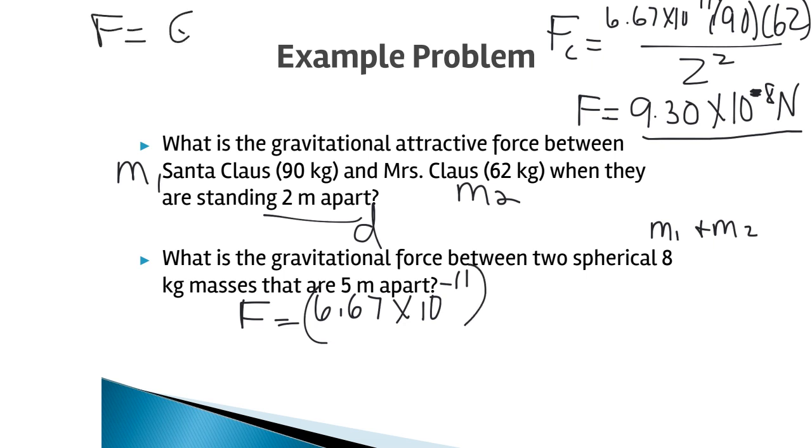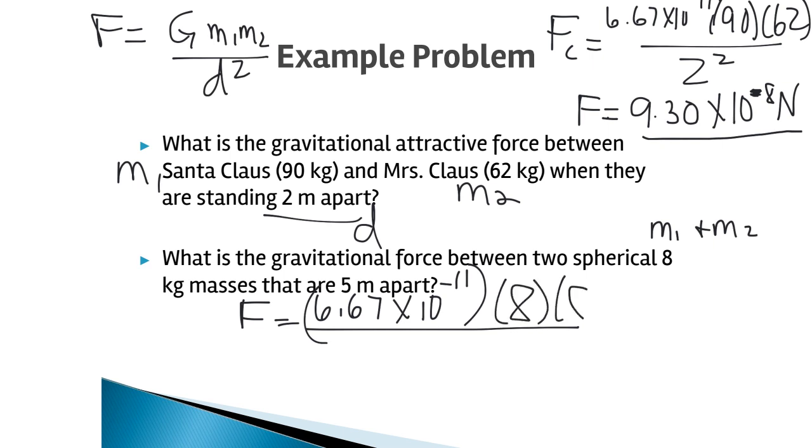So you're going to do G, big G, M1, M2 over the distance between the two objects squared in meters. So 6.67 times 10 to the negative 11 times 8 times 8. You can also just do 8 squared divided by the distance between the two objects in meters squared.